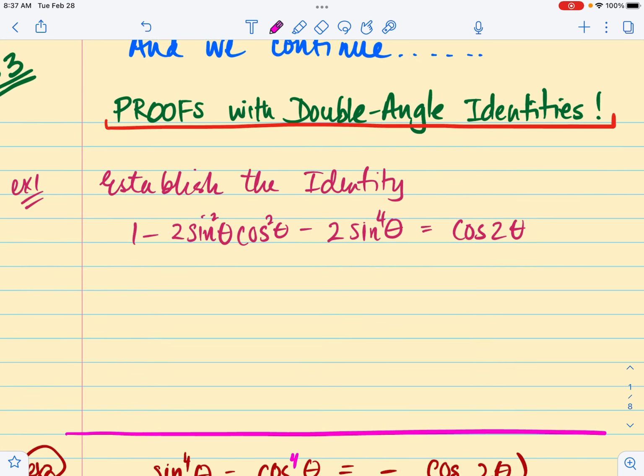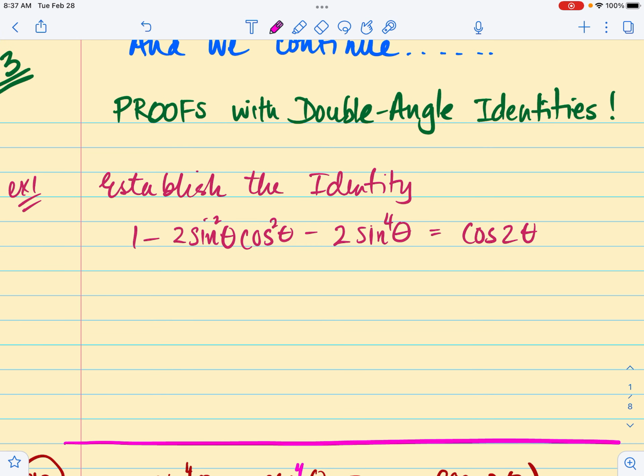If you look at my first example here, it says establish the following identity. That's my left-hand side and that's the right-hand side. Notice how the right-hand side has a double angle associated with it, so please identify that first. The left-hand side is much more complicated looking than the right-hand side, so I'm going to get started with the left-hand side.